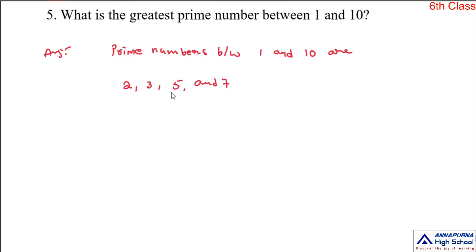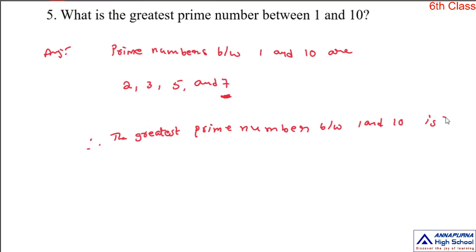What is the greatest prime number among these prime numbers? 7 is the greatest prime number. Therefore, the greatest prime number between 1 and 10 is 7.